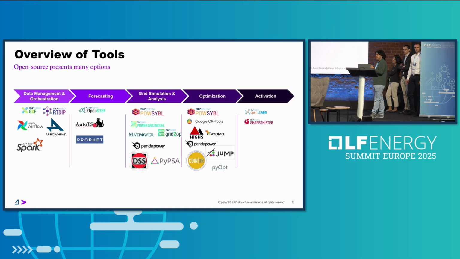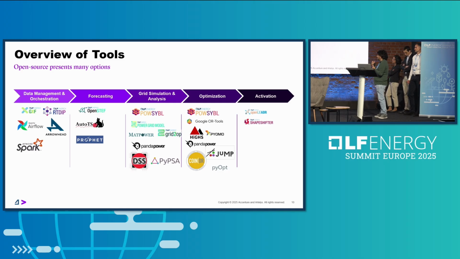They each have their own strength, maybe depending on the context that they were created in, or where their capabilities are focused. For example, PyPSA is much stronger on planning, while PowSyBl and Power Grid Model are much more on real-time modeling.